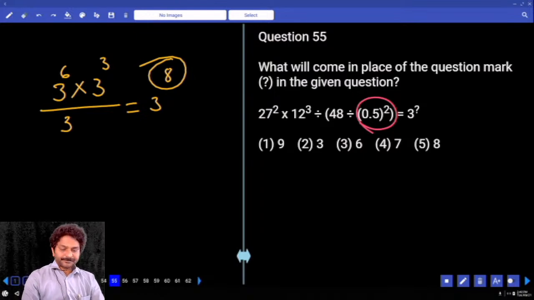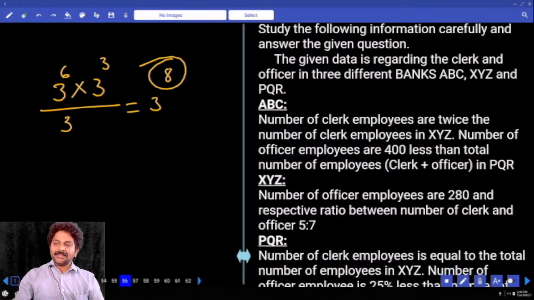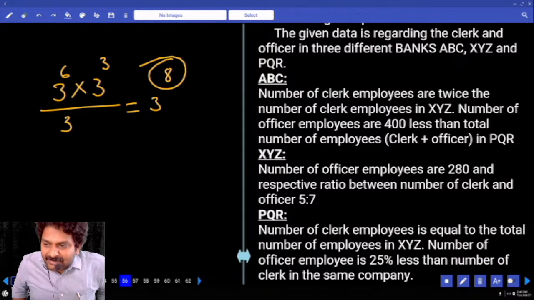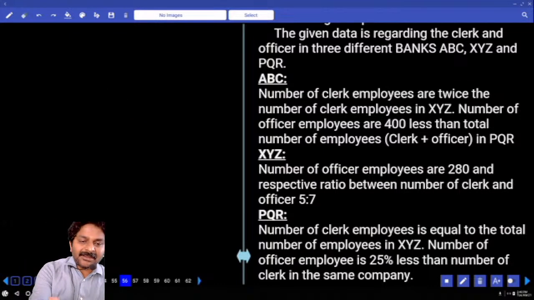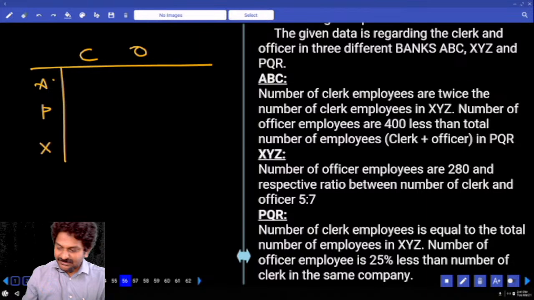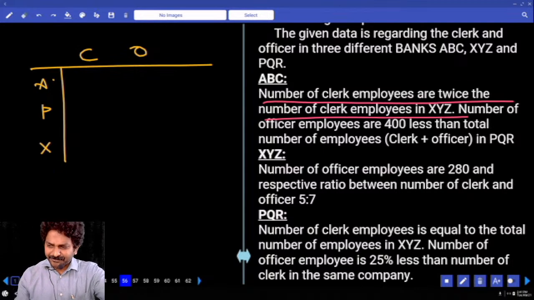Understood? The given data is regarding the clerks and officers in 3 different banks, ABC, XYZ and PQR. So clerks and officers are there: ABC, PQR, XYZ. Number of clerks in ABC is twice the number of clerks in XYZ.